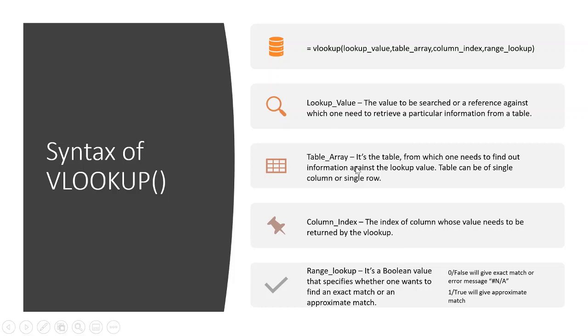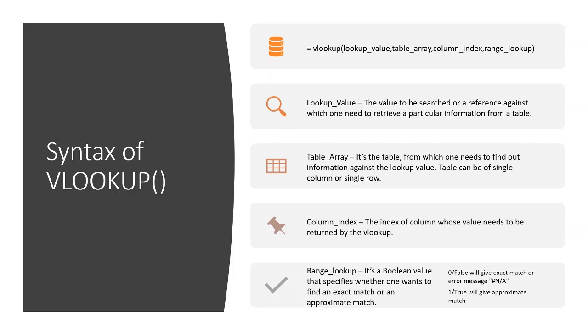Now what is table array? It's the table from which one needs to find information against the lookup value. Column index is the index of the column whose value needs to be retrieved. What is range lookup? It's a boolean value that specifies whether one wants an exact match or an approximate match.